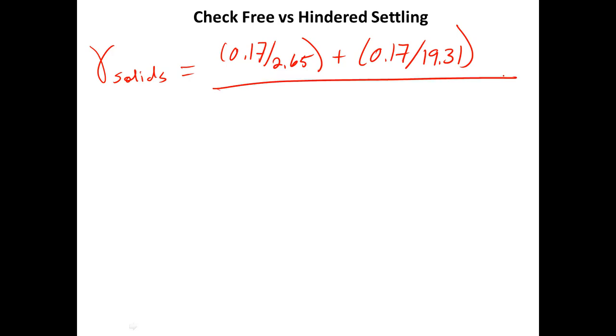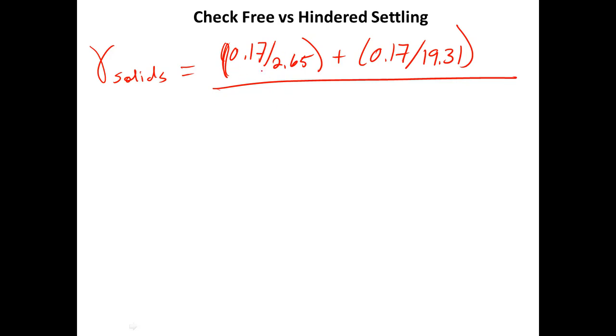And it's simply a fraction. The top part of the fraction, the numerator, is a reflection of the weight fraction of each particle type divided by the density for that particle type.